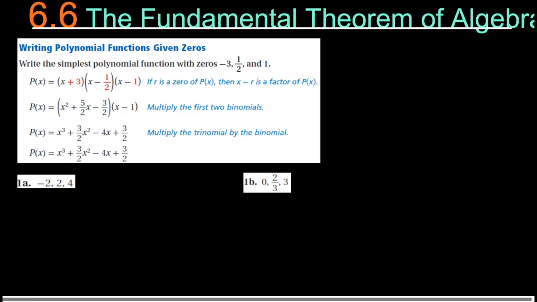So my first question will be, if you have a given zero of -2, what would be the corresponding factor where that 0 would come from?